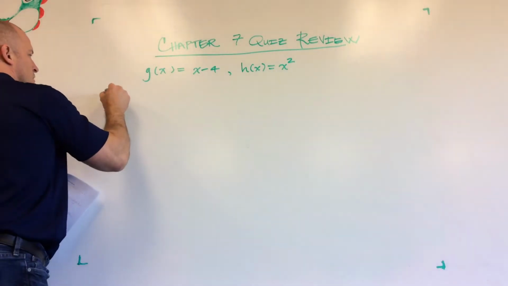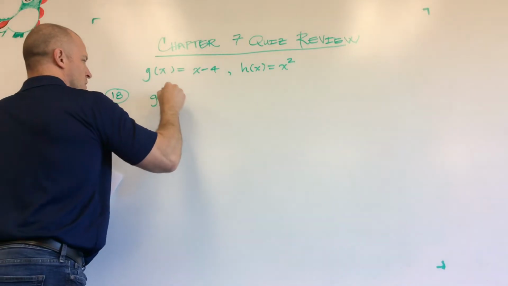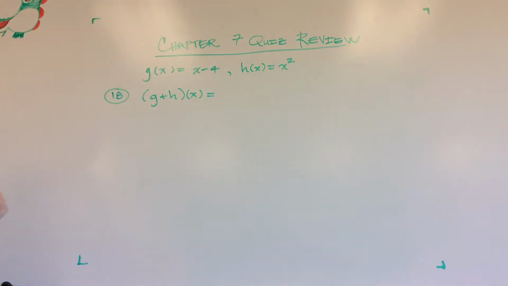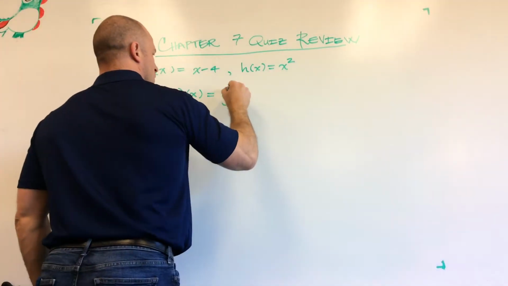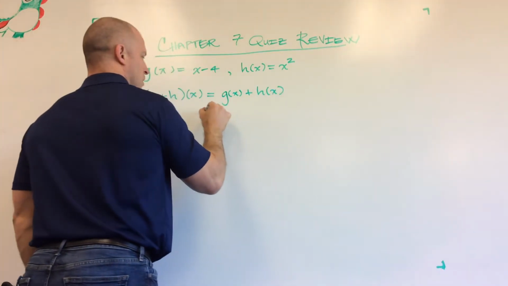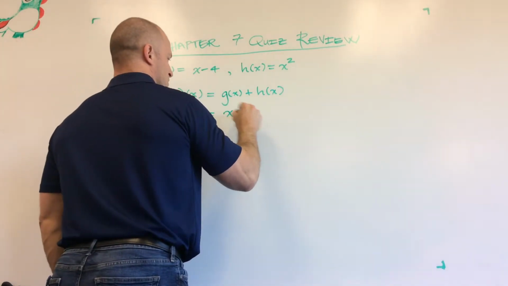18 asks us for the new function g plus h of x. Well, all that requires us to do is take g of x and add it to h of x. Here g of x is just x minus 4, so we have x minus 4.